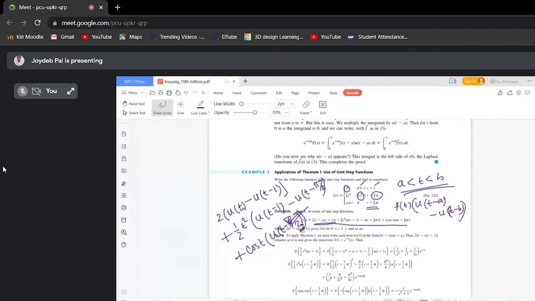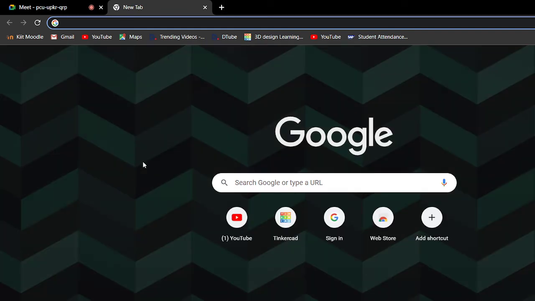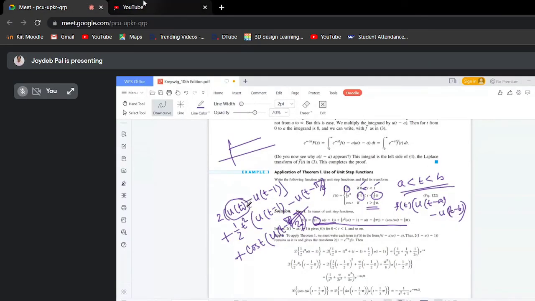Fine. That is the advantage of this unit step function. Now you can ask me, here 1 is written and I have written u(t). Actually, t starts from 0, t greater than 0, so what is the value of u(t) for t greater than 0? It is 1. This is 0, this is the graph of u(t).